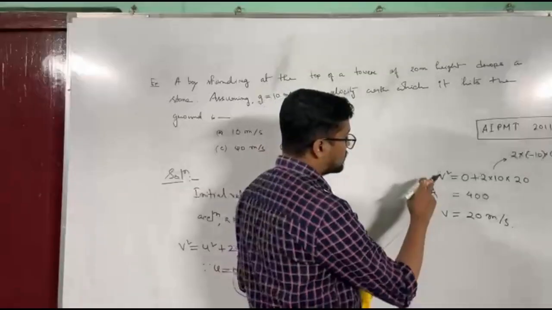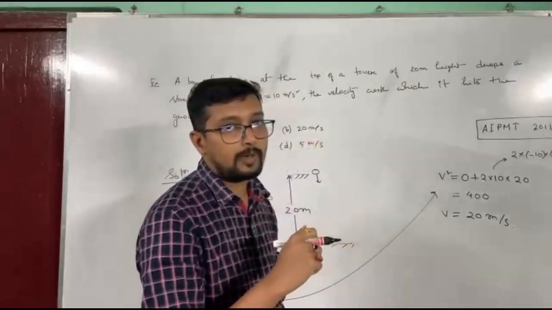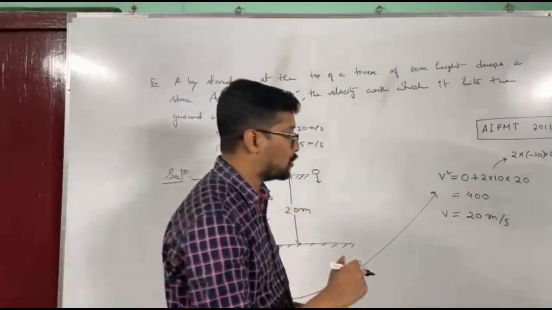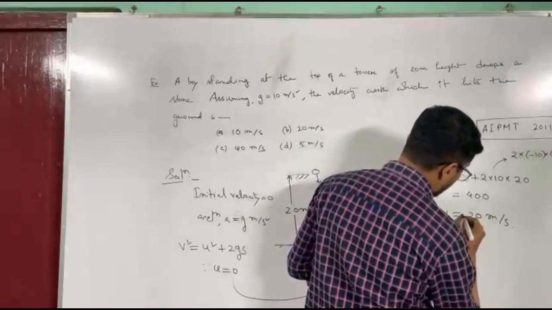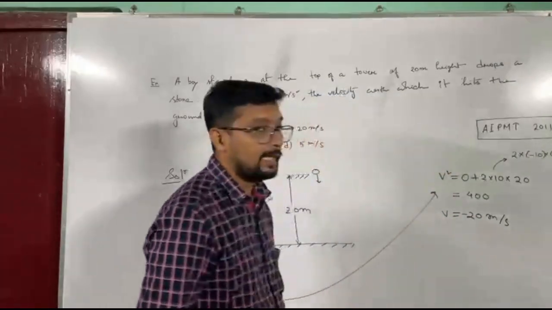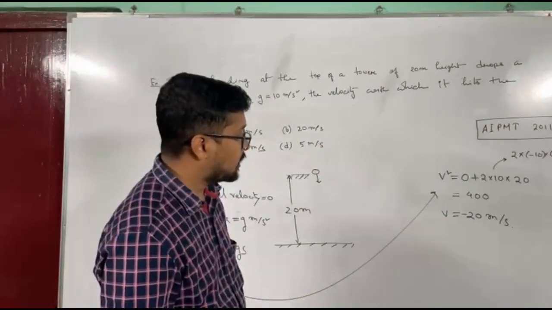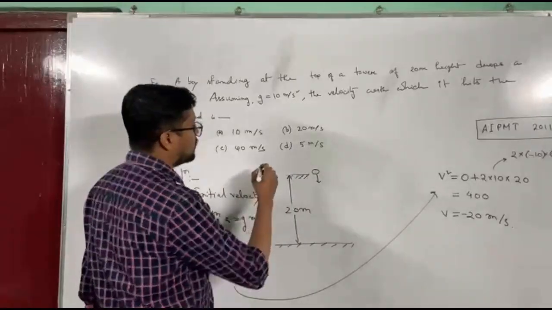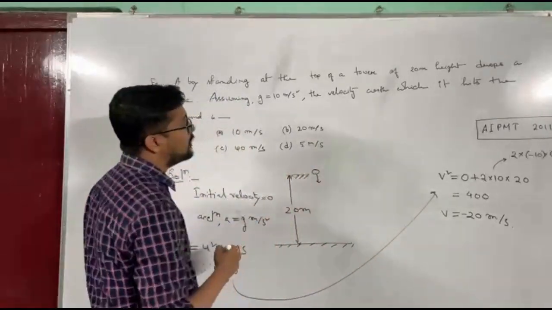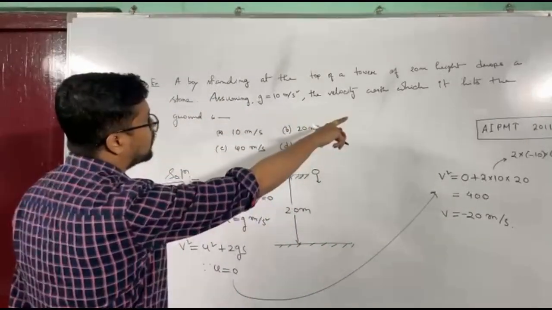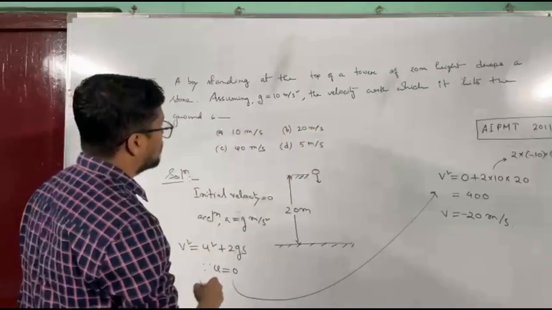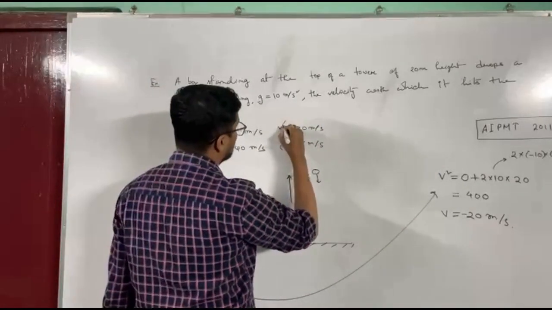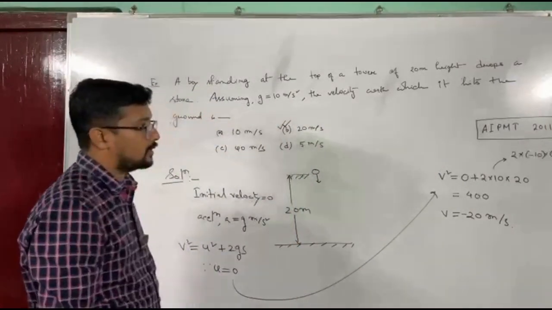Now here, since my final velocity is going to be in the negative direction, I can also write with direction minus 20 meter per second. But in our question, we are only interested in the magnitude with which the stone is going to hit the ground. So my answer is going to be 20 meters per second.